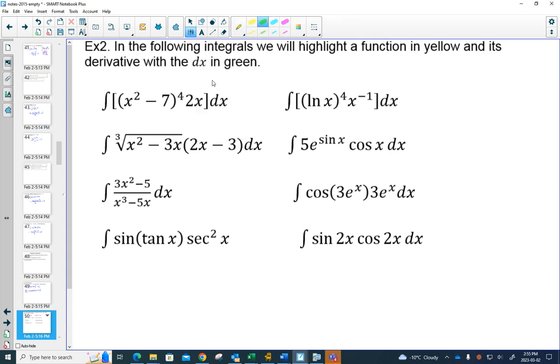We're going to highlight an inside function in yellow, and maybe even write the word inside to get us thinking about the original function needing to be inside of something else, and then its derivative in green.